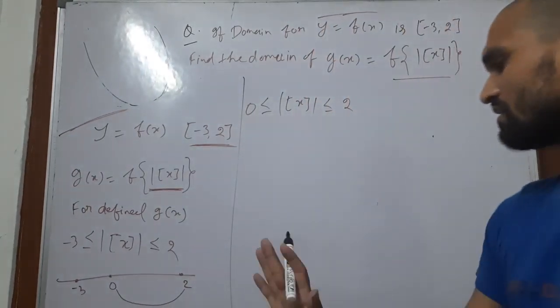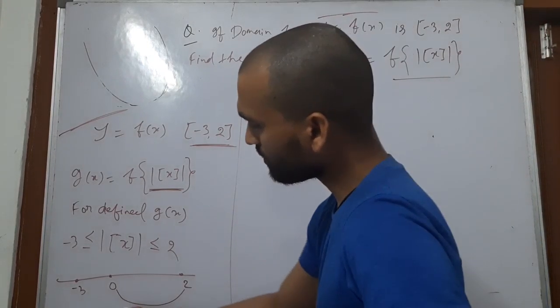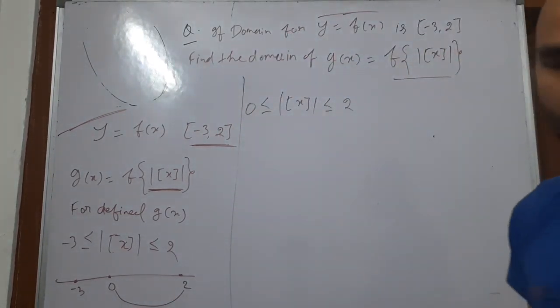So we have rejected the negative values and taken non-negative values, from 0 to 2.